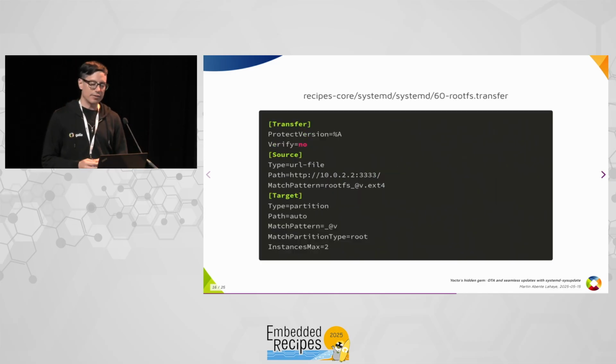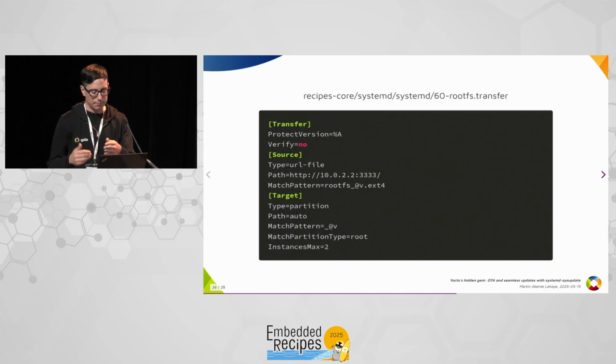For the rootfs, basically a transfer file has 3 sections. The first section is just Transfer, which is just general properties about the transfer. In this case, I'm telling it to protect version A, the first version. Then we have the Source section, where we're basically saying where this update is going to come from. For example, in this case, it's going to be a URL file.